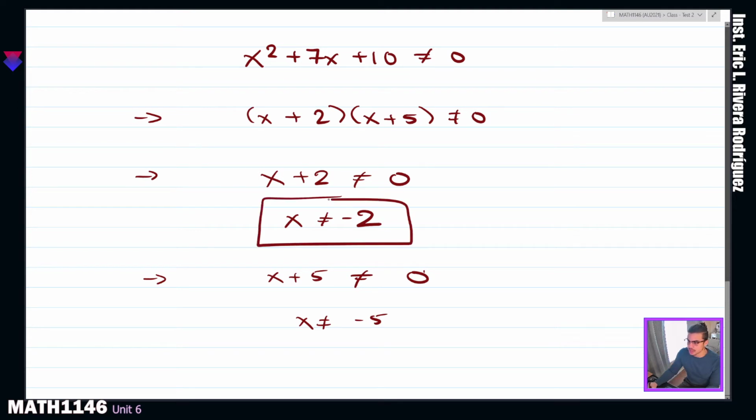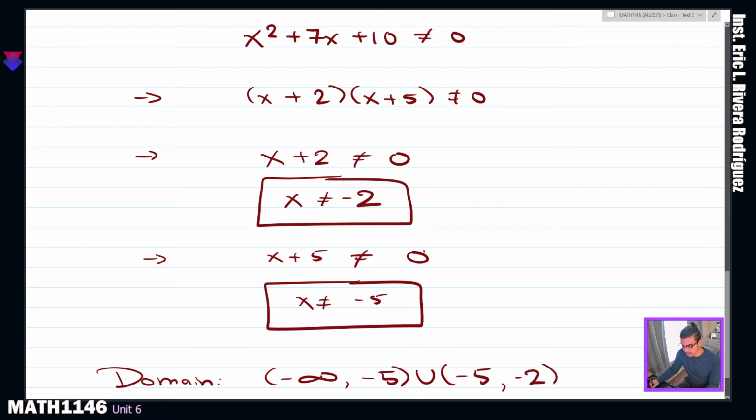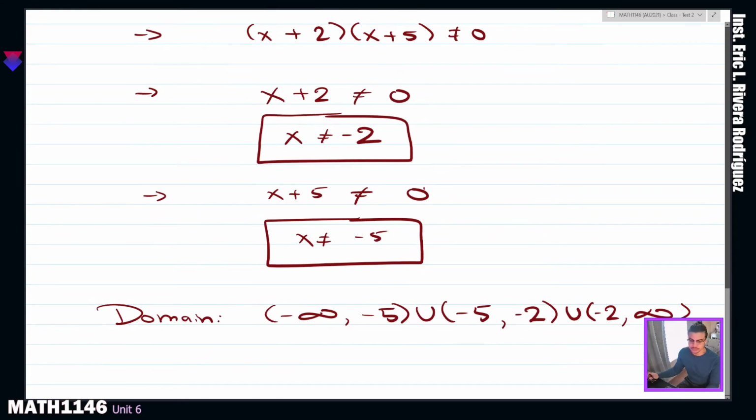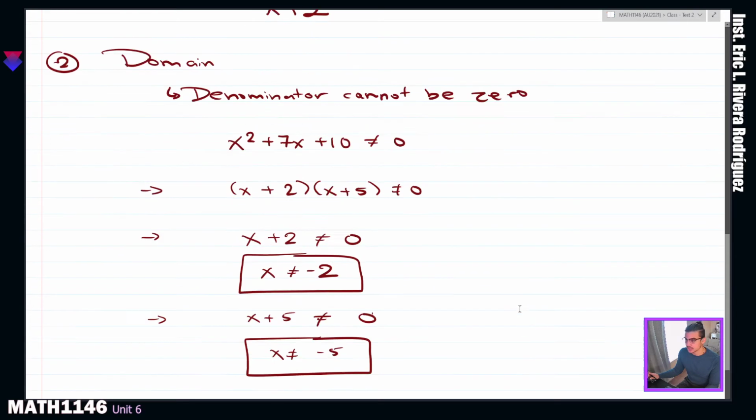All right, so here are the two restrictions, and how do we write the domain? The domain will be from -infinity to -5. Careful here, we have -2 and -5. -5 is the smallest between the two. Then from -5 to -2, union from -2 to positive infinity. And that's the domain. All right? Any questions so far?